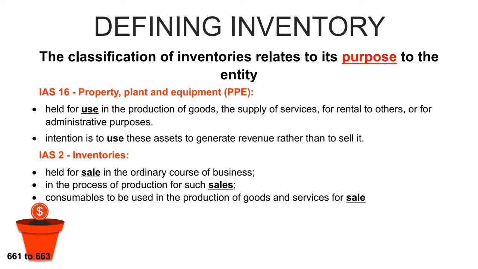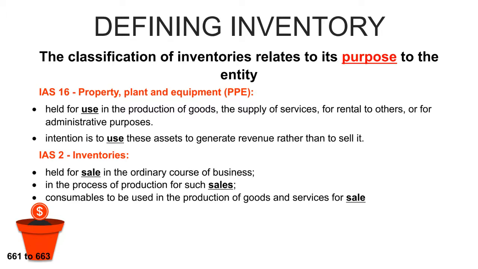But now let's say you have a company that makes computers. So they buy that building. They buy the very same building, the very same one that we were just talking about. They buy the building, but their main purpose with the building is not to sell it, right? Their main purpose is to use it for manufacturing computers or laptops, right?